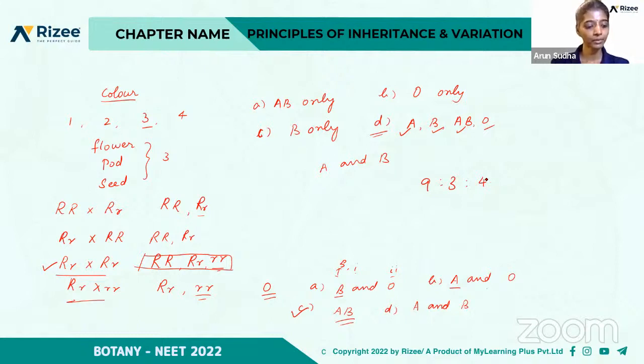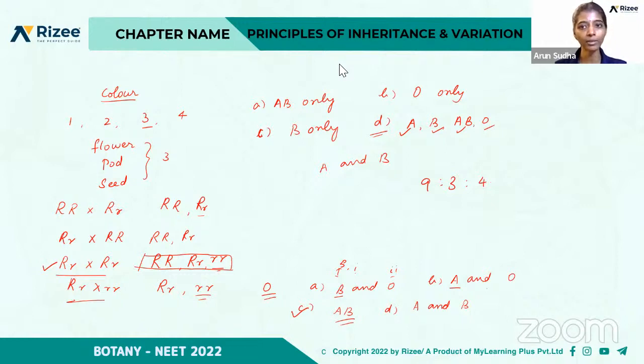And when two independently assorting dominant genes interact with each other to produce a particular phenotype, but when they are present alone, they do not produce any phenotype, they are called: complementary genes, supplementary genes, duplicate genes, or inhibitory genes.